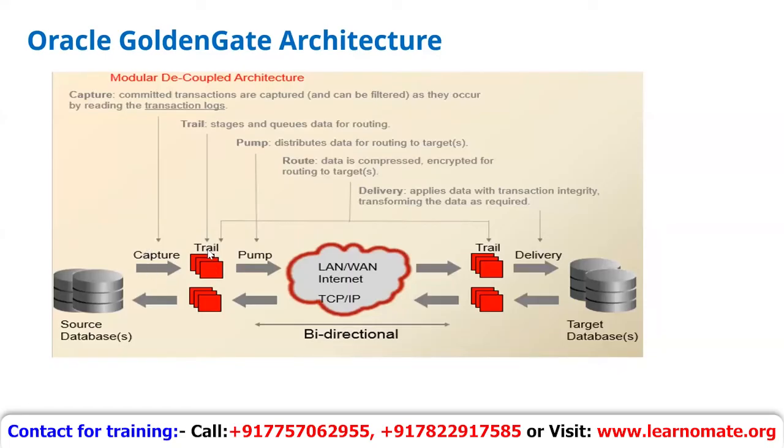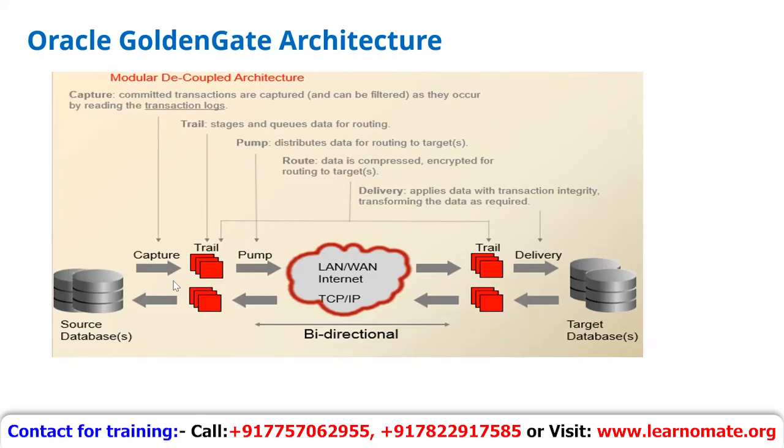The extract process is writing data to the local trail, which is subsequently read by the pump process. So if the extract process doesn't capture and write data to the local trail, there is nothing which the pump process can write to the remote trail. For the pump process to write data to the remote trail, you should have something written to the local trail. And who writes data to the local trail? It's the extract process. The extract process reads the data from the transaction logs and writes to the local trail.